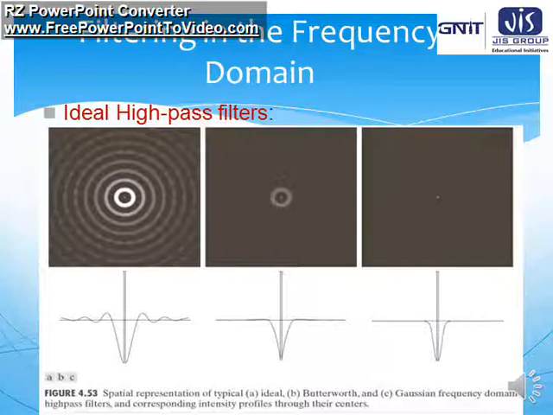From this image it is very clear that we can see the spectrum as well as the intensity profile through their centers of the first one, the ideal, the second one, the Butterworth, and the third one, the Gaussian frequency domain high pass filter.